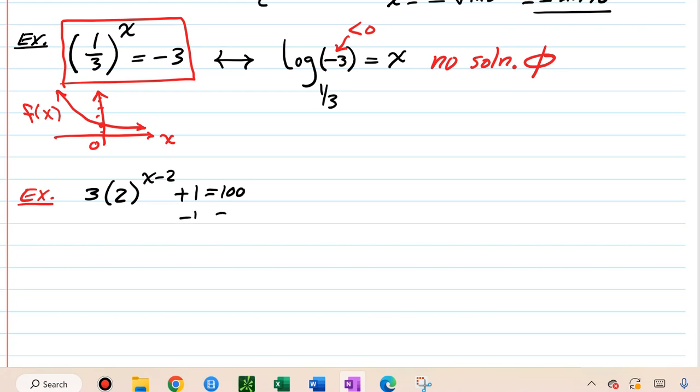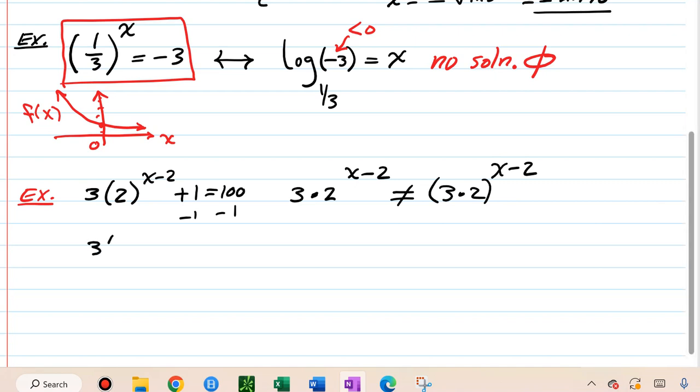Therefore, I'm going to subtract 1 from both sides. That will make it 3 times 2 to the x minus 2. Notice how I have parentheses around the 2 to the x minus 2, because without them, this may be mistaken for 3 times 2 as if x minus 2 is over the entire product. And that's not what we want. So that's the reason for the parentheses.